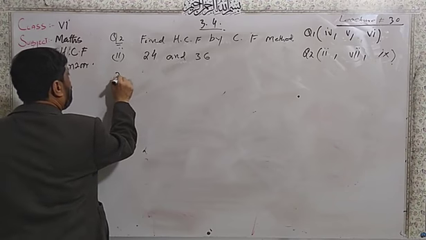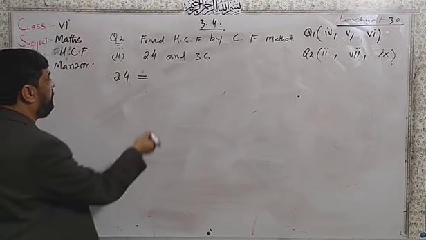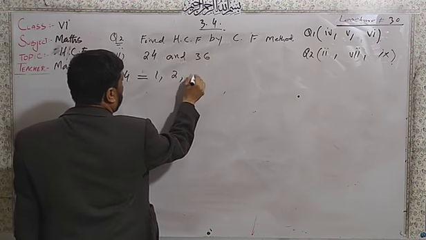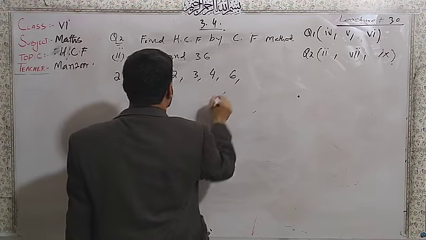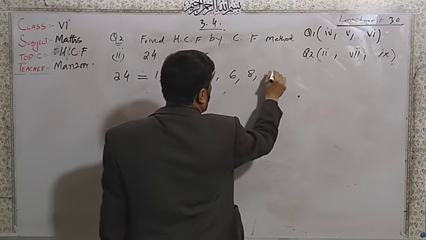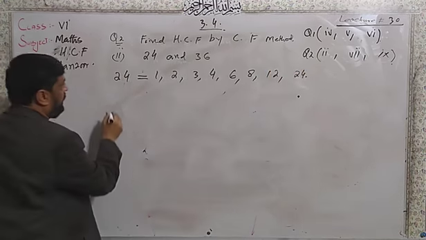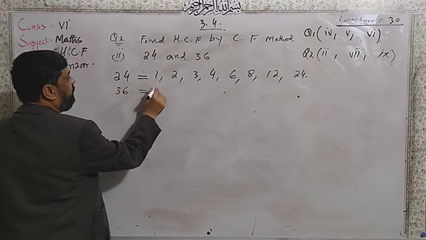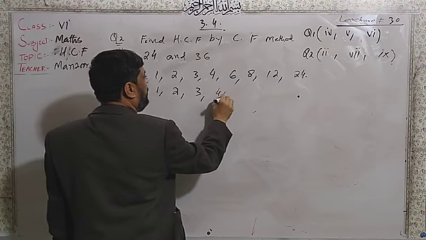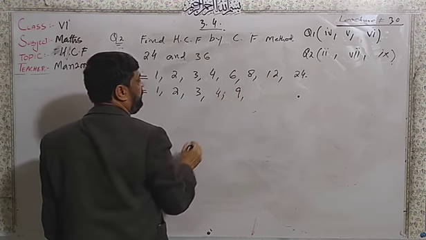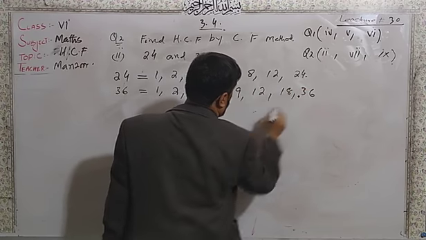Here for 24, I will write the factors: 1, 2, 3, 4, 6, 8, 12, and 24 itself. And for 36, it starts from 1, 2, 3, 4, 9, 12, 18, and 36.